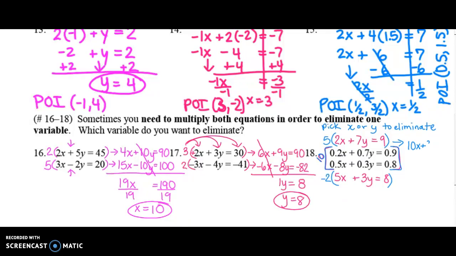So I'm going to multiply the top by a positive 5, but I need to make sure I multiply the bottom equation by a negative 2 so that the x will cancel out. Top equation becomes 10x plus 35y equals 45. Bottom equation becomes negative 10x minus 6y equals negative 16. Well, the x's are eliminated, and 35y plus negative 6y is 29y.